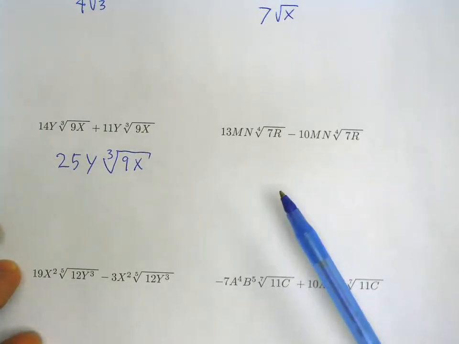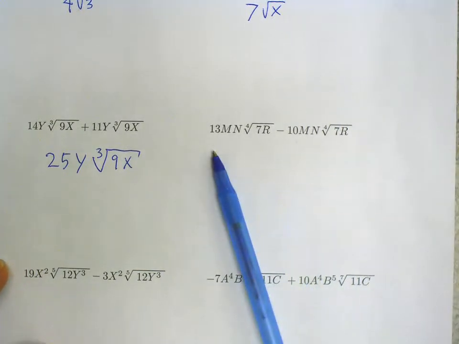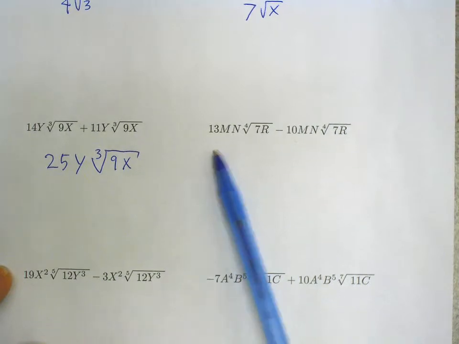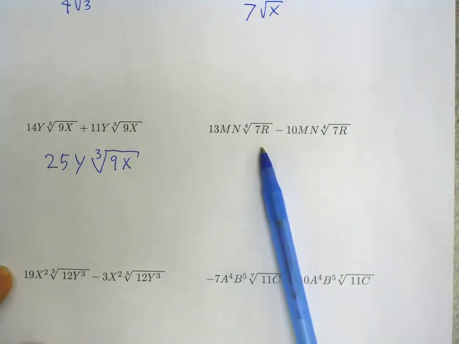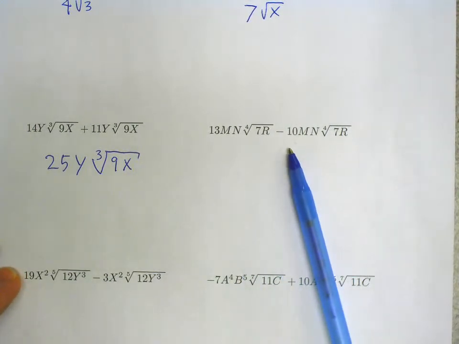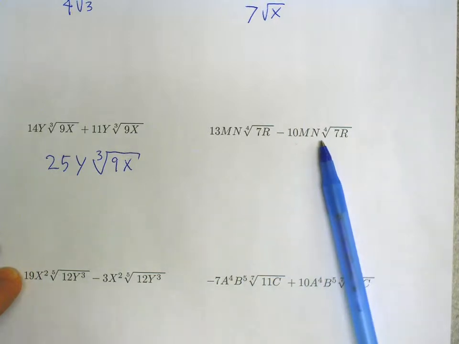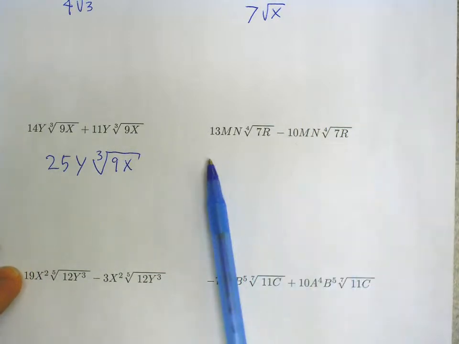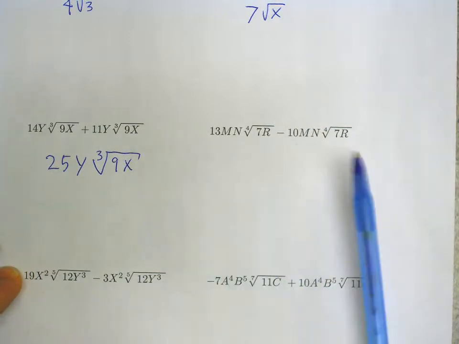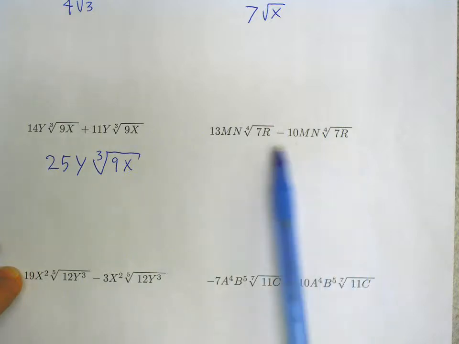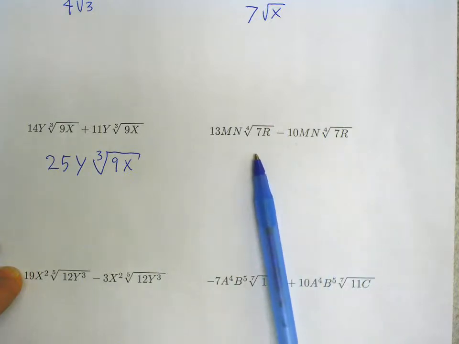In the next example, 13 times m times n times the fourth root of 7r minus 10 times m times n times the fourth root of 7r. These terms are like terms. The two radicals cannot be simplified any further.